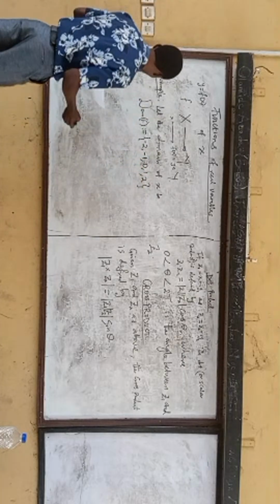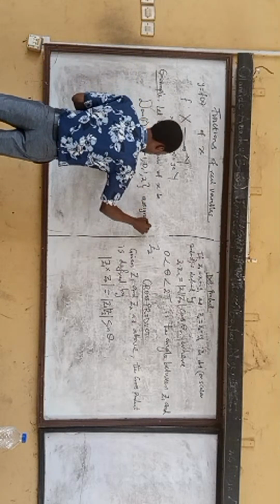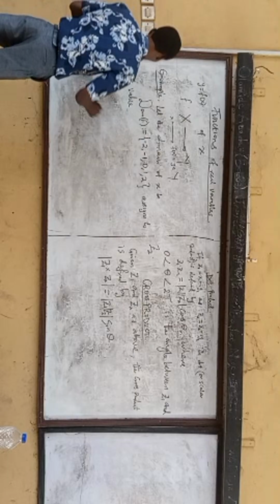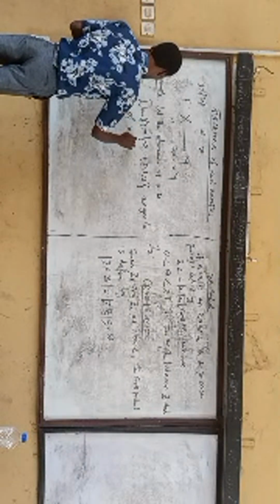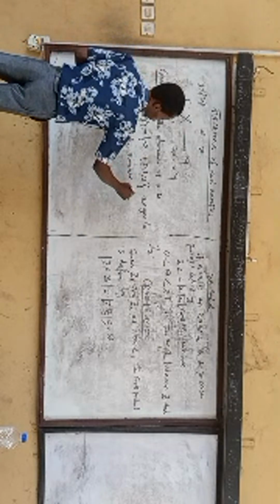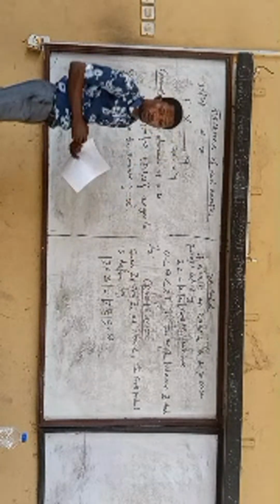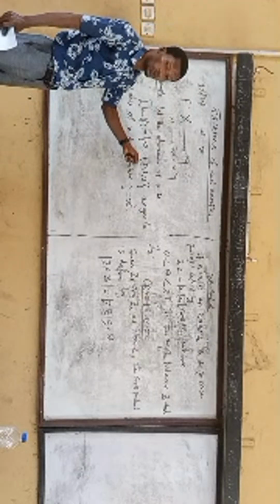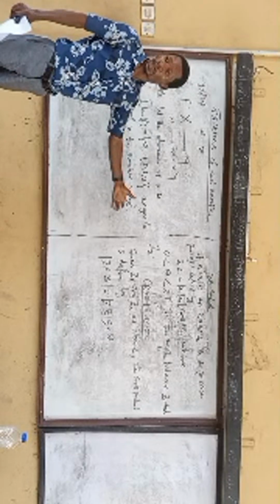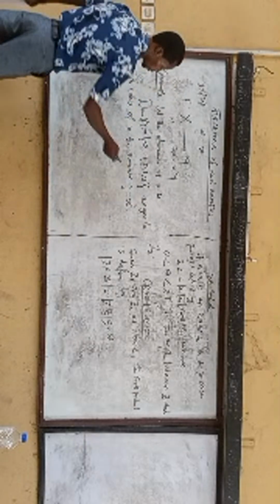The function assigns to each value of x the number y equal to x cubed. For each member of this domain, if we insert them into this function, we get another set of numbers. Is that correct? And what will be the set of the range now?